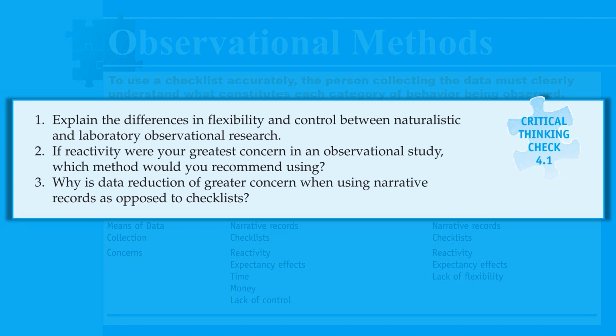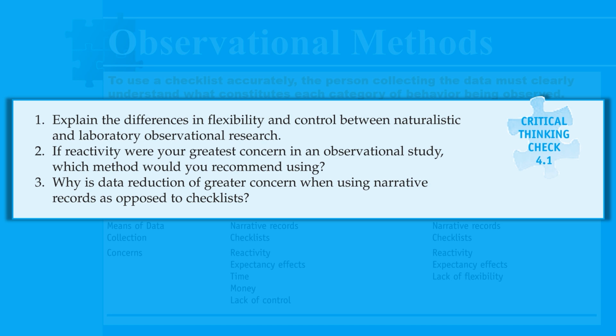Here is the critical thinking part, with questions that you can imagine and brainstorm on to understand what I am speaking about. I'd like you to read three questions from the chapter. First, explain the differences in flexibility and control between naturalistic and laboratory observational research.